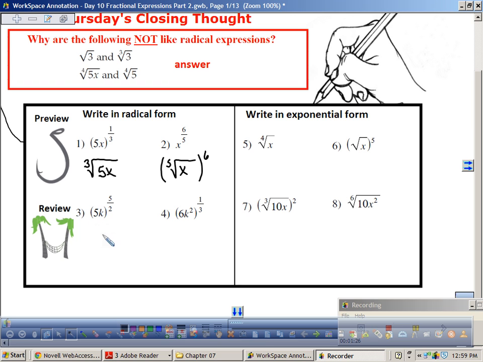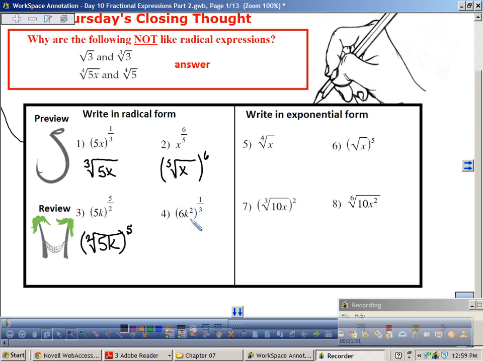All right. Now I've got 5k. What kind of cups am I going to be using for 5k? Well, 1/2 of a cup, right? A 1/2 cup, how many 1/2 cups do I need? 5.